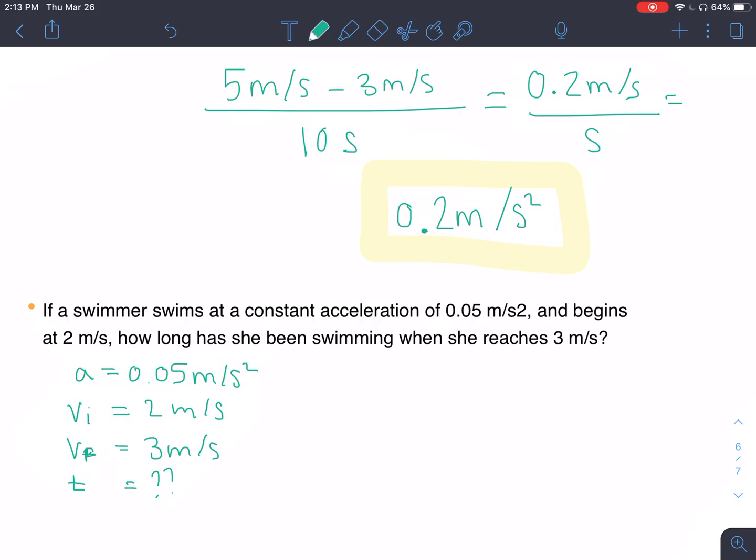All right, and we'll set it up by just plugging everything into the formula. So 0.05 meters per second squared is equal to 3 meters per second minus 2 meters per second divided by time. I'm going to first simplify the top.